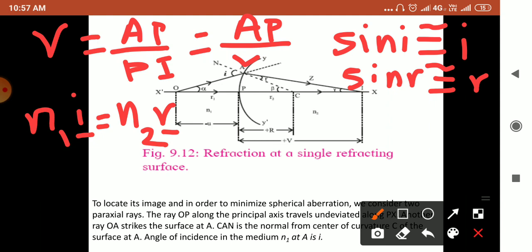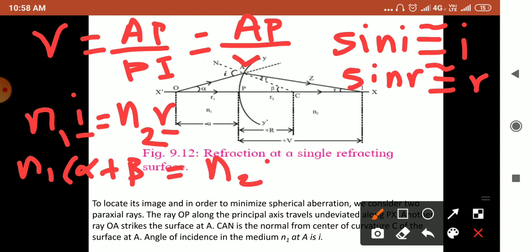Then n1 times alpha plus beta is equal to n2 times beta minus gamma. For this, i equals alpha plus beta, and for this, r equals beta minus gamma.